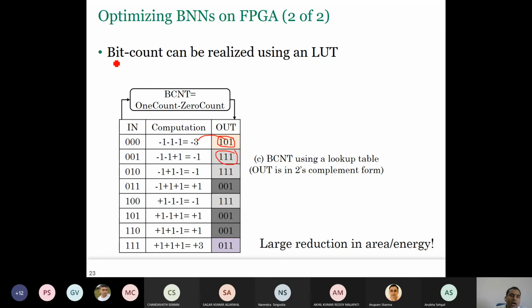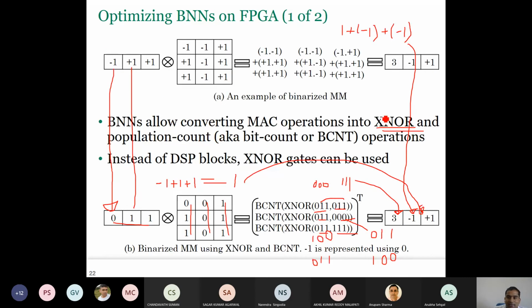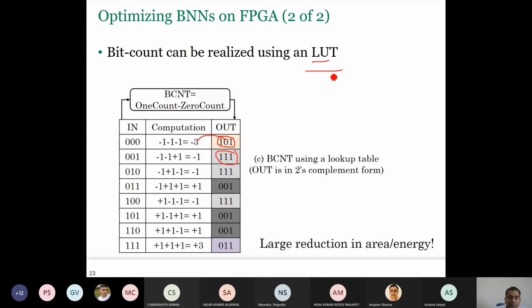Okay, so the whole point is that now you can replace the MAC operation with XNOR gate and population count. This XNOR operation you can implement using XNOR gate, and this population count you can implement using lookup table. So in this way, instead of DSP, you can just use XNOR gate plus lookup table. So you get huge reduction in area and energy.